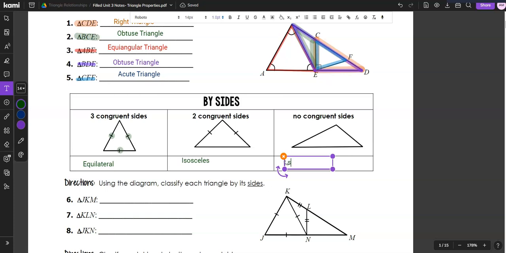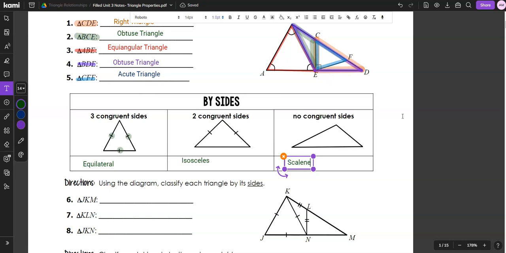And then anytime we have a triangle where they don't give us any information about the sides, we assume they are all different, and therefore we call it scalene, okay? Unless it labels them as congruent or they tell us the side lengths and we have some that are congruent, we assume the sides are not the same, okay?